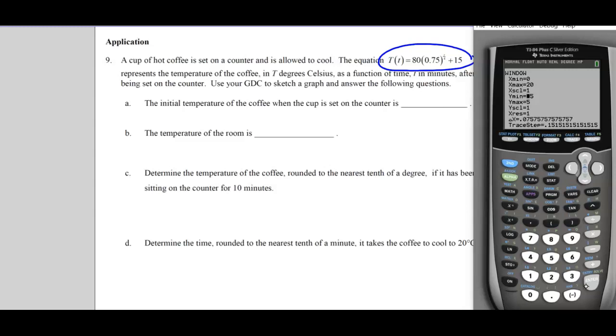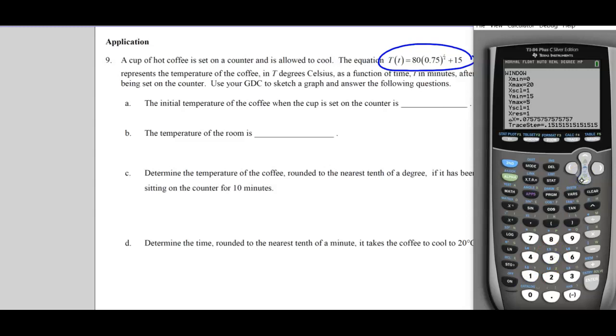Well, what do we know based on this equation, the temperature of the environment or the room is approximately 15, right? It's that constant term, degrees Celsius. It's a little bit chilly, but okay. So you could go y min be 15, or you could start at 0 if you wanted to, but 15 is going to be the lowest it will be.